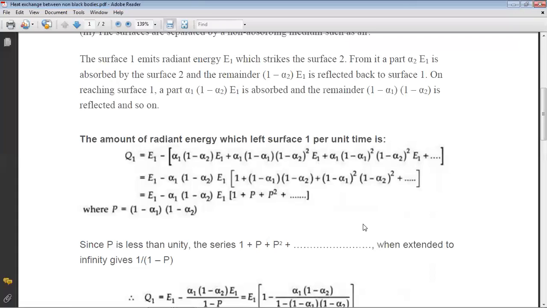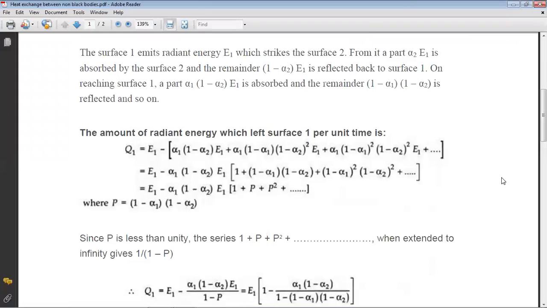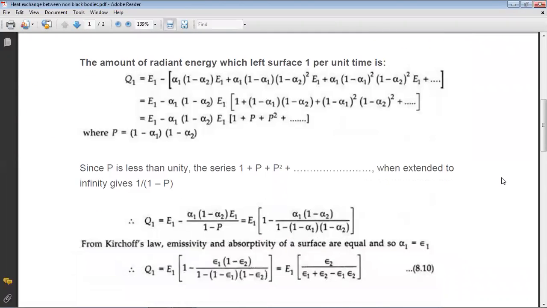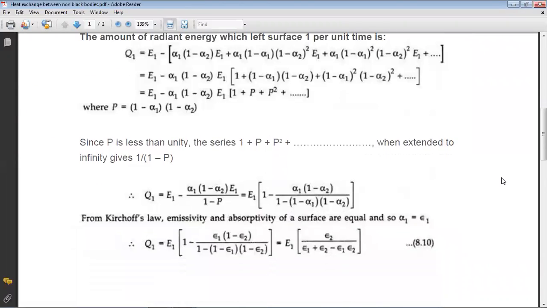Now if I replace the series 1 plus p square plus p cube so on by 1 divided by 1 minus p, I will be having Q1 is equals to E1 into 1 minus alpha 1 into 1 minus alpha 2, with E1 taken out, and the series written as 1 divided by 1 minus p.